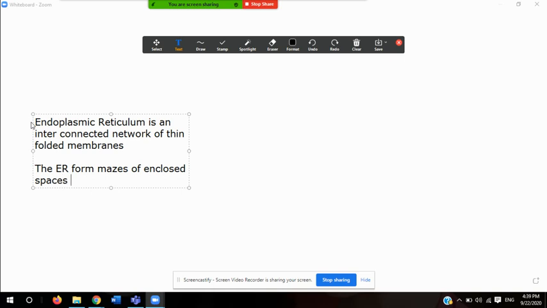So within the endoplasmic reticulum, there are mazes of enclosed spaces called the lumen.